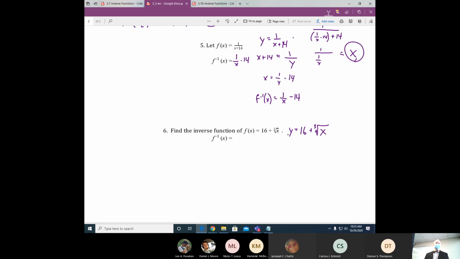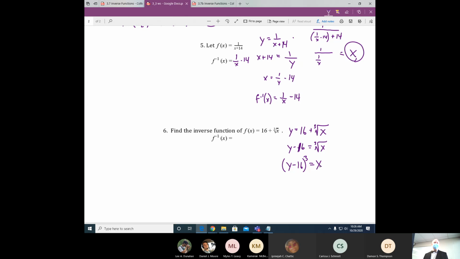Okay, so basically we want to get x by itself, so we subtract 16. y minus 16 equals cube root of x. Well, to get x by itself out of the radical, I cube everything. So y minus 16 cubed equals x.